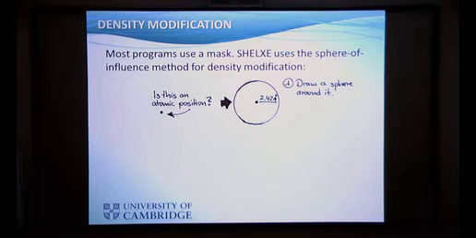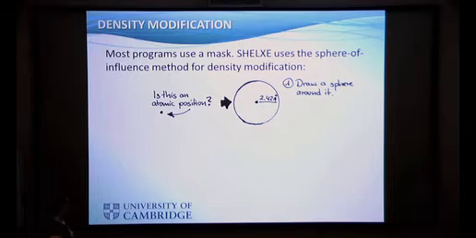You draw a sphere around it, and this sphere has a radius of 2.42 angstrom. Why 2.42 angstrom? It is the typical one-three distance within a protein. So if this is an atomic position, we expect that on the surface of the sphere there might be other atoms.